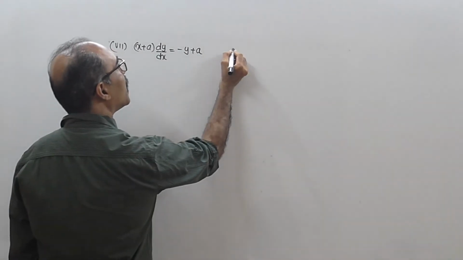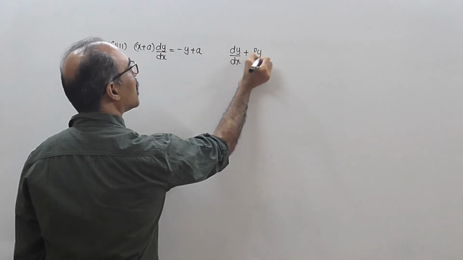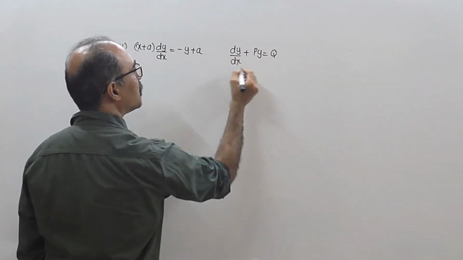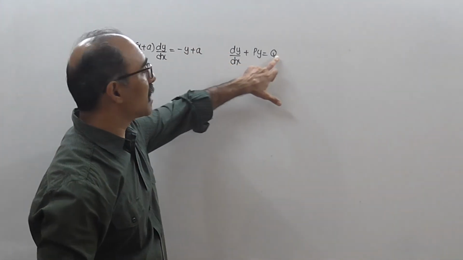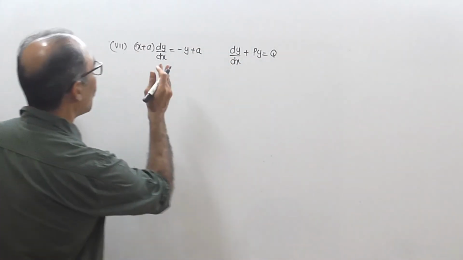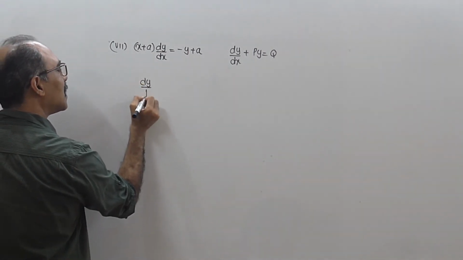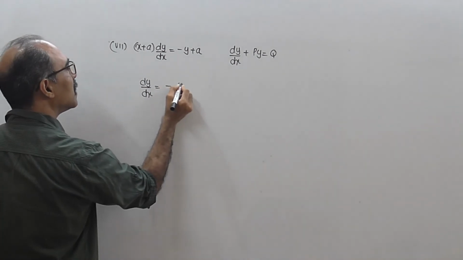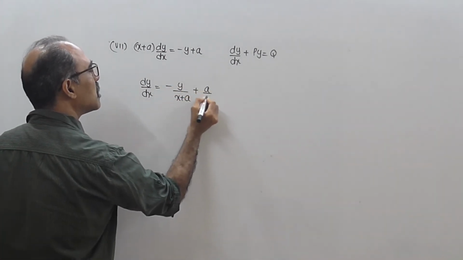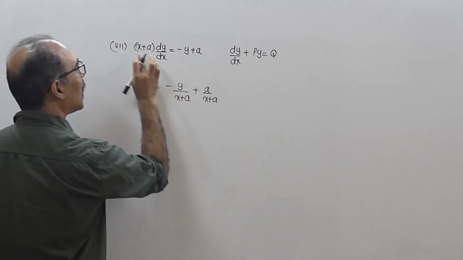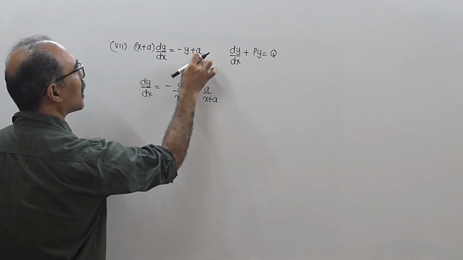See, what is our format? The normal format is dy by dx plus py equal to q, or it could be dx by dy plus px equal to q. Now since we already have dy by dx, I will write this as dy by dx equal to minus y upon x plus a plus a upon x plus a, meaning I'll take this x plus a to the right hand side, so divide this also by x plus a, and this also by x plus a.